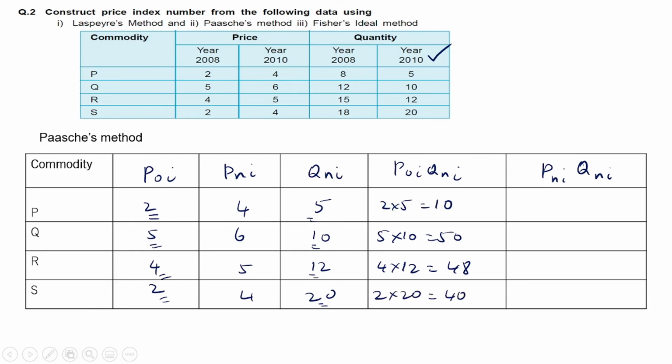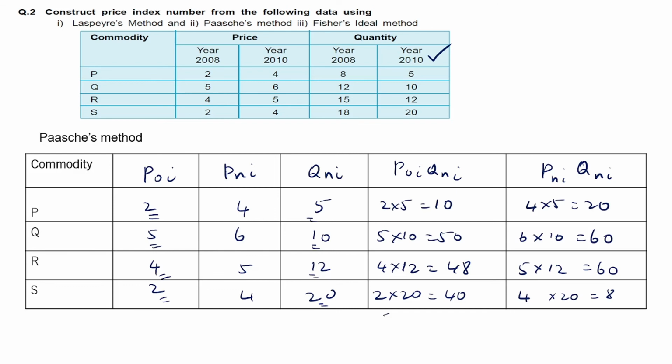Now let us find P n I Q n I. That is 4 into 5, then 6 into 10, then 5 into 12, then 4 into 20. So 4 into 5, 20, 6 into 10, 60, then 5 into 12, 60, then 4 into 20, 80.